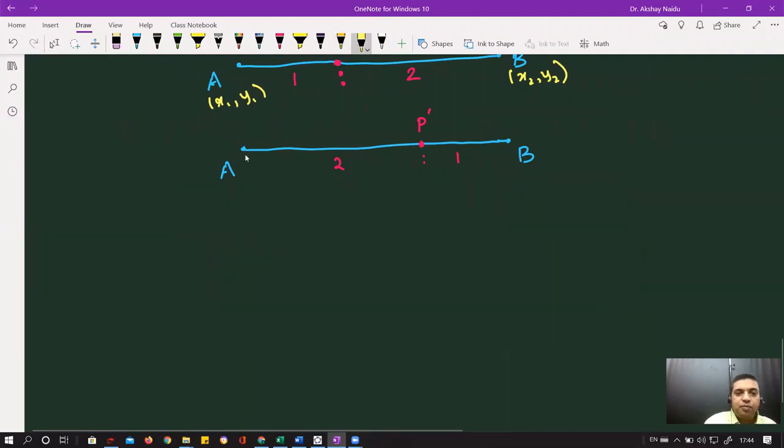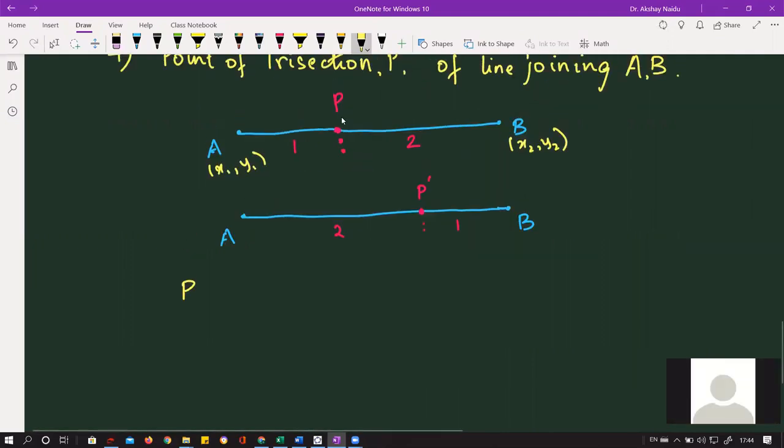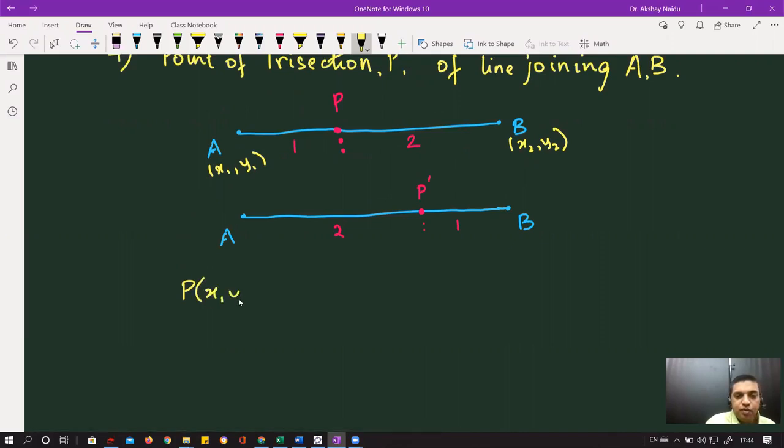So the point of trisection formula, just look here. P(x, y) will be again (1 times x2 plus 2 times x1) by (1 plus 2), 3.